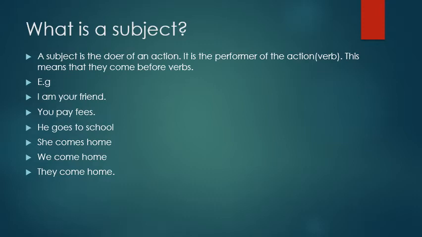He goes to school. She, we, they. So all these are the subject forms, and they all come before the verbs. Are you okay? All right.